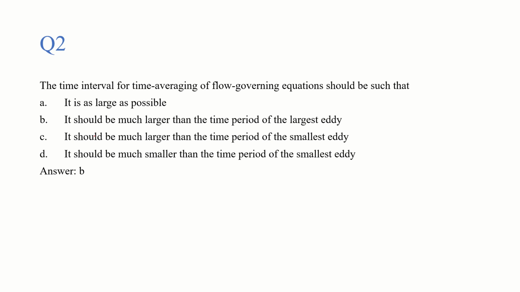Basically, what happens in time averaging is that it provides the net effect from the turbulence, like when it is disturbed. So it provides the net effect over the time interval.